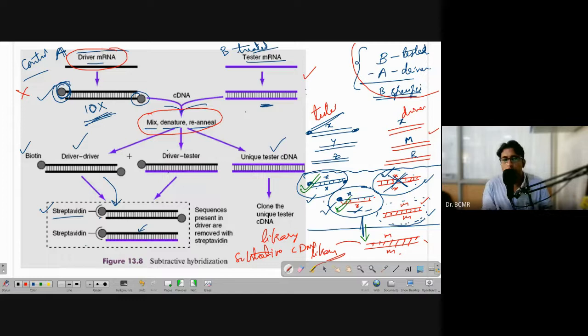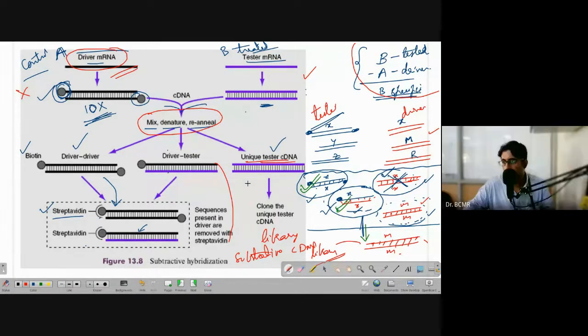So anything that is common or shares homology with the cDNA of the driver is subtracted. The remaining ones are the unique tester cDNA, and those are the ones that we will clone. That is called a subtractive cDNA library. Let me know if you have any questions.